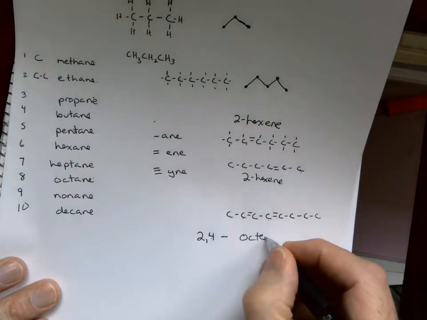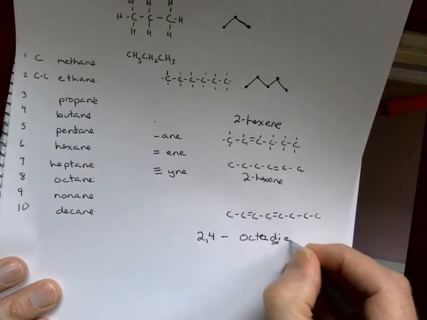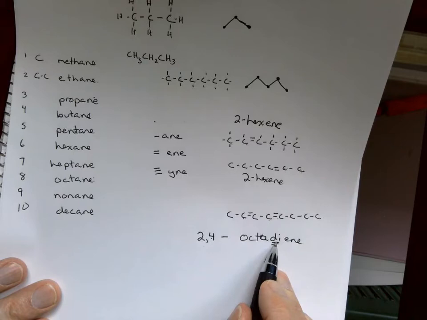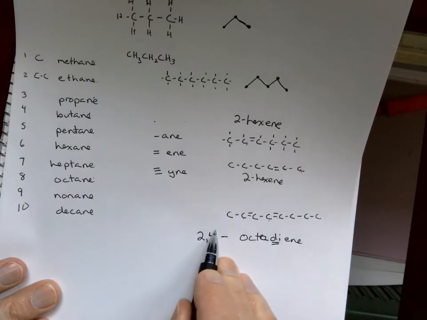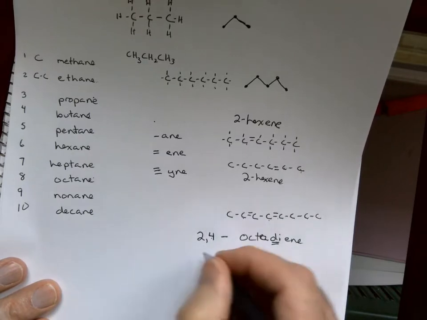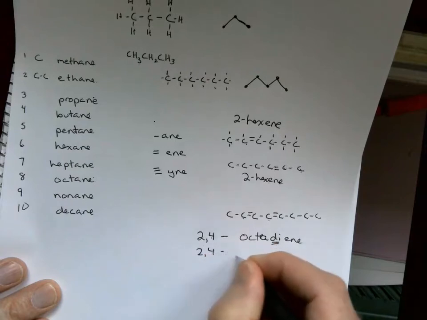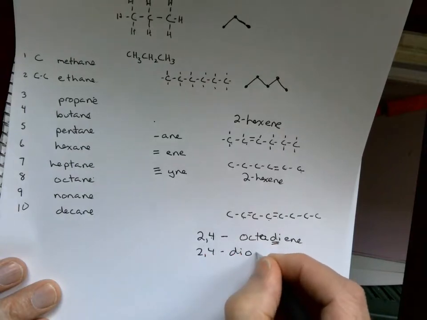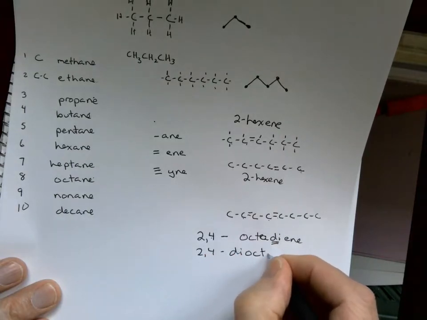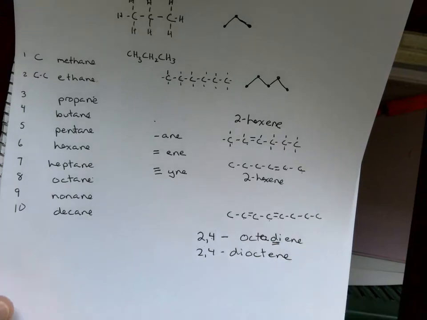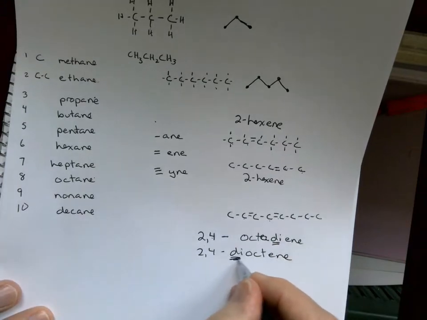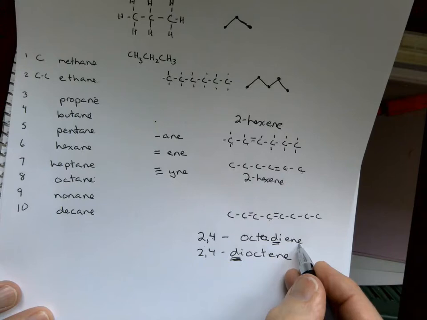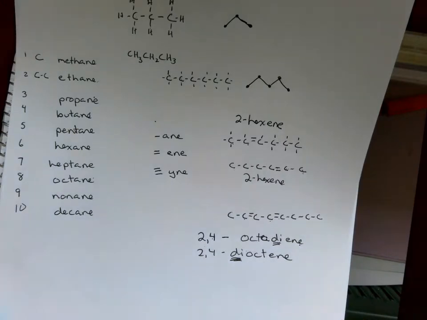So this is now octadiene. The di is how many double bonds you have, and this is the location of the double bonds. Just another way you see this written: sometimes the di goes out front. So it can go right before the ene, or it can go out front.